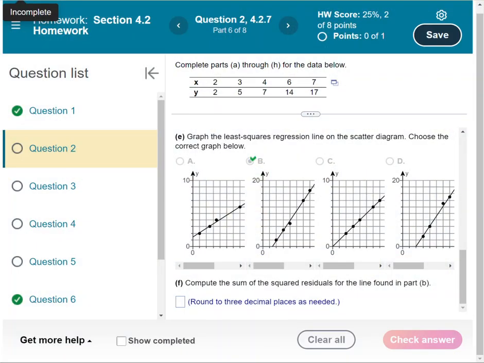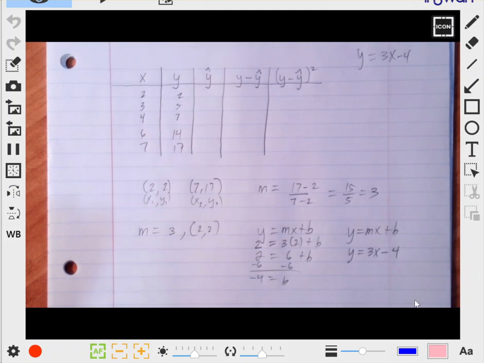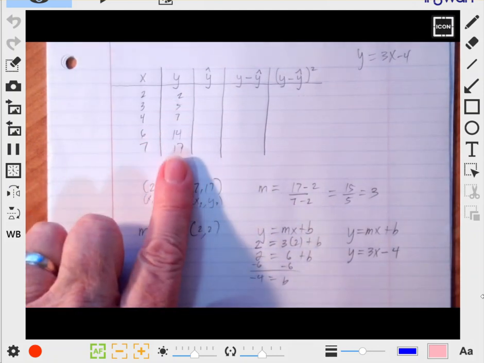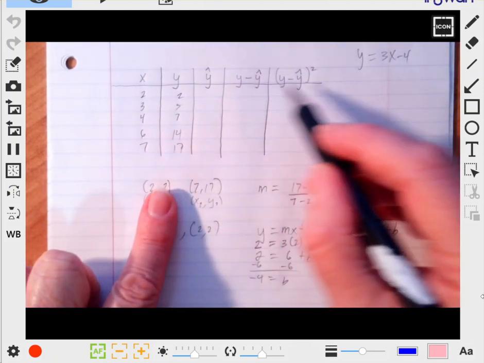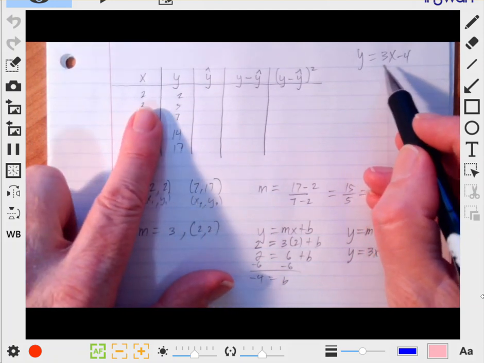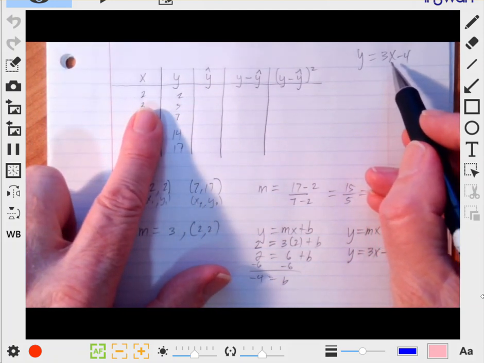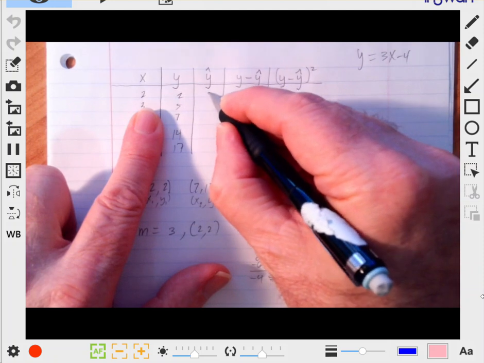So let me write in my x and y values here. Okay, so let's switch back. So I put in the points. Now y hat is going to come from here. So when we plug in 2, 3 times 2 is 6 minus 4, we get 2.